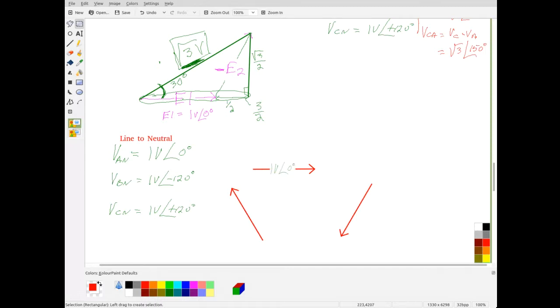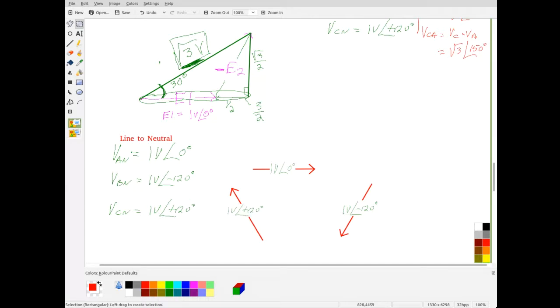And this is minus 120 degrees. And this one over here is plus 120 degrees. Okay, so I've used the software here now to rotate these.